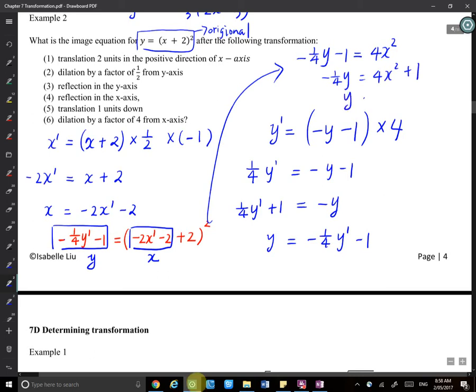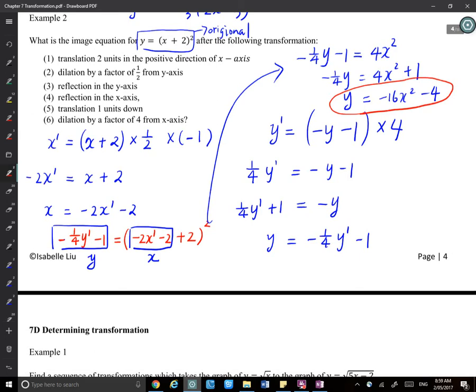So y equals times minus 4, so it's minus 16x squared minus 4. Hopefully I get the correct answer. I think it's correct, because we want to make y the subject.